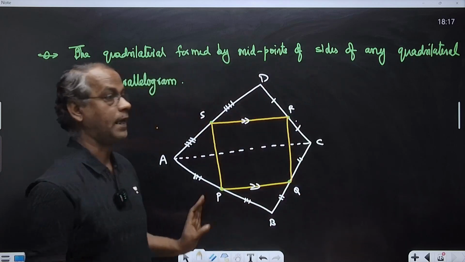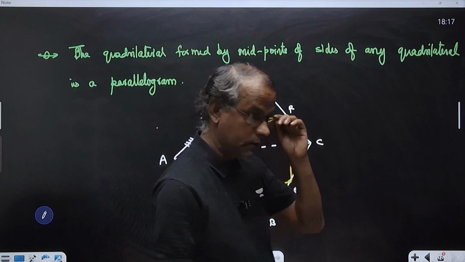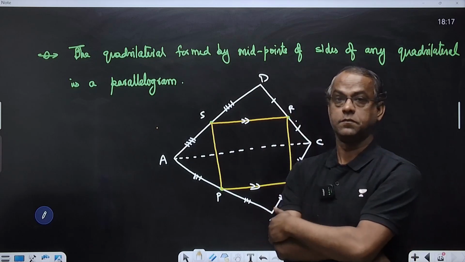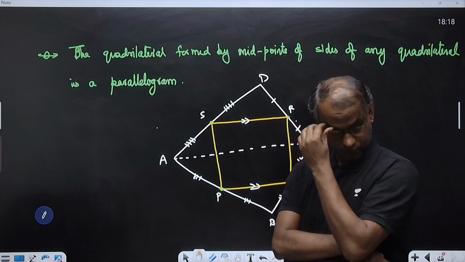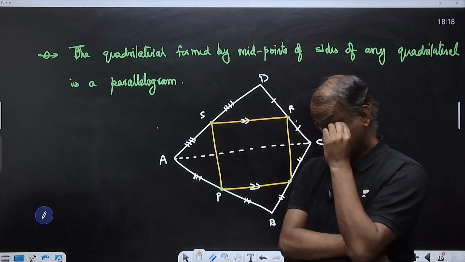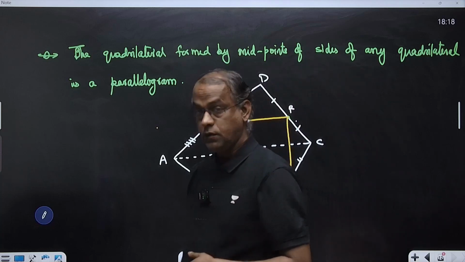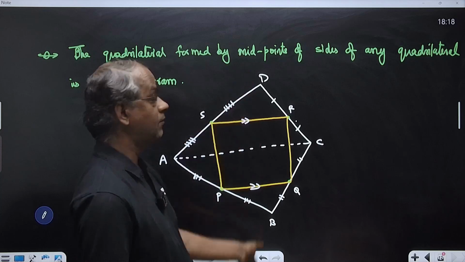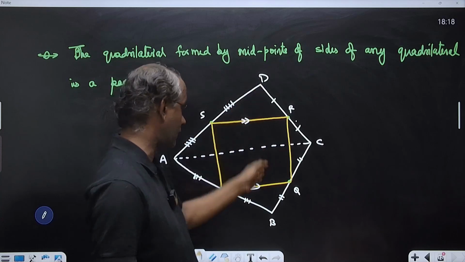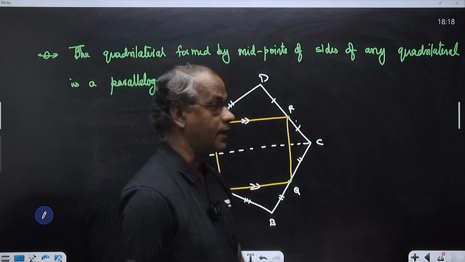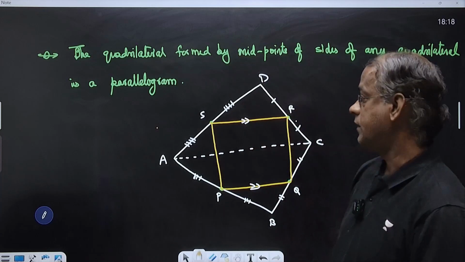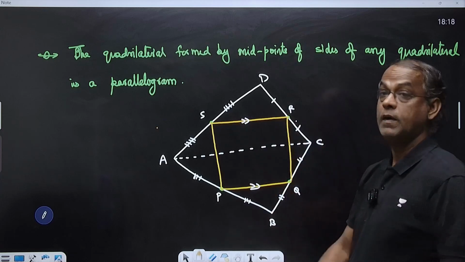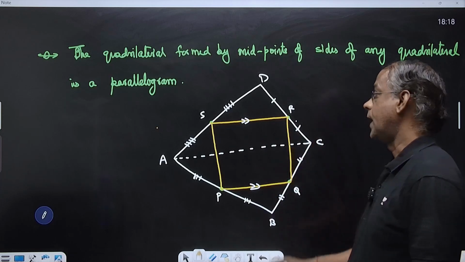Hence, this is a parallelogram. We could have done it for the other also. You can similarly show that the other pair of sides too are parallel by joining B and D. So please keep this in mind: in any quadrilateral, the quadrilateral formed by midpoints of the sides is a parallelogram.